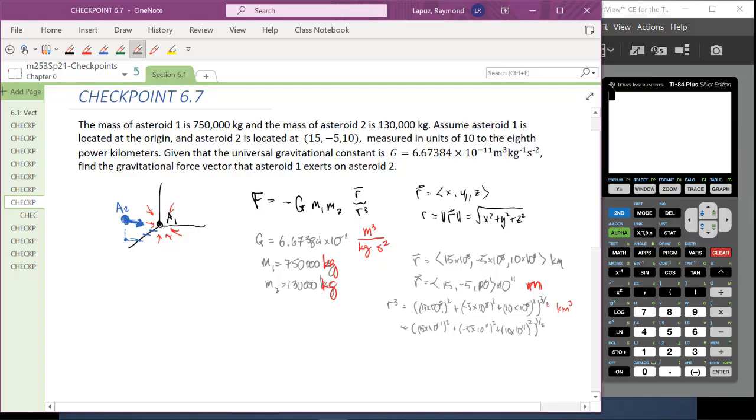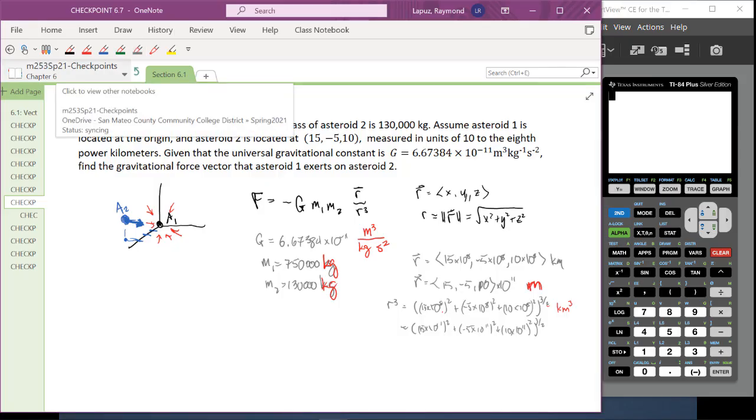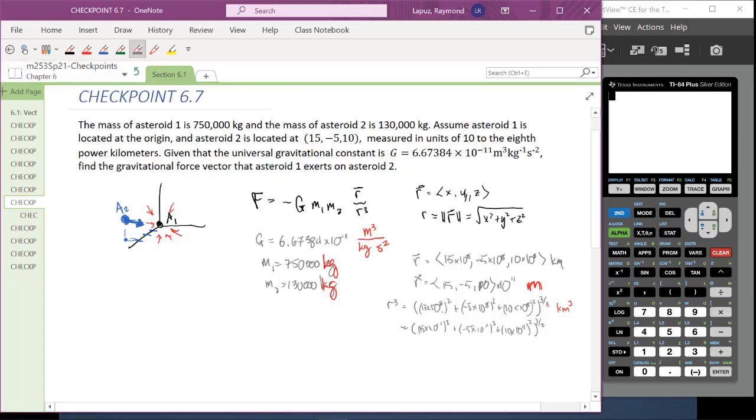So what's going to happen with our units? First of all, everything here will be in kilometers. It'll be 10 to the 11th, 10 to the 11th, 10 to the 11th.